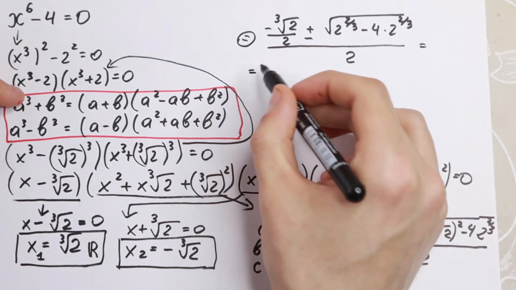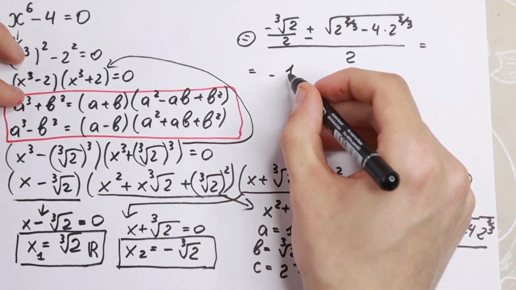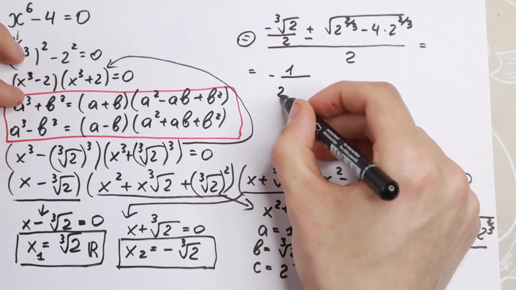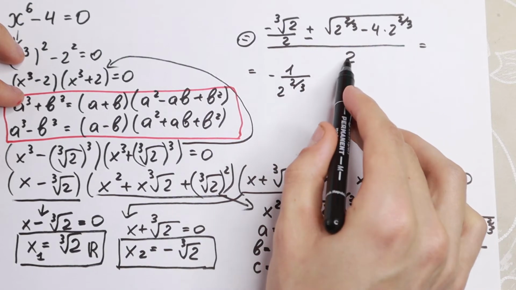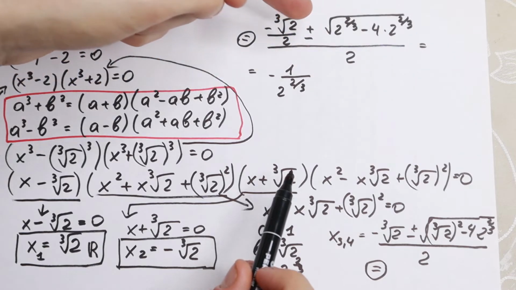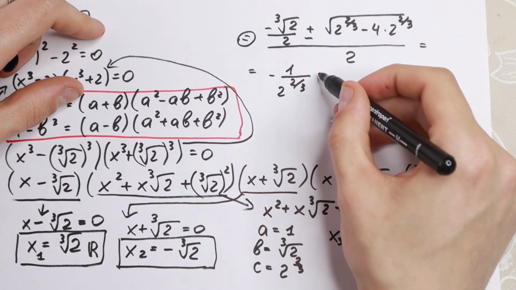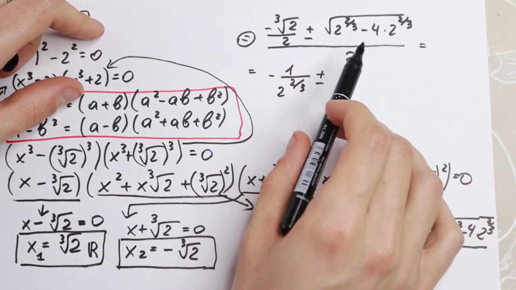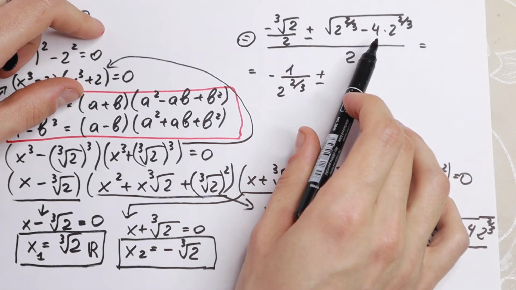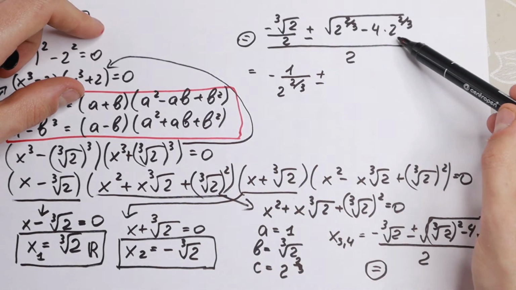It will be equal to minus 1 dividing by 2 to the power 2/3. If we divide this by 2, and if we add or subtract our powers, we will have this one, and of course plus minus. Right here, if we subtract, we will have minus 3, because right here we have 2 to the power 2/3 minus 4 to the power 2/3.